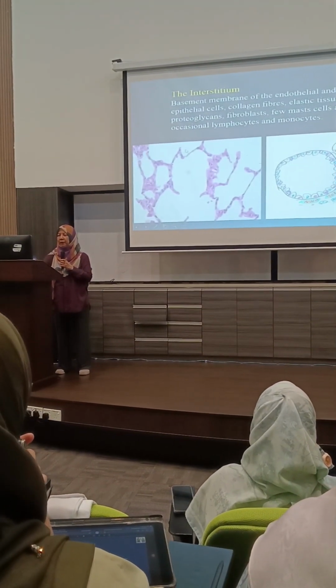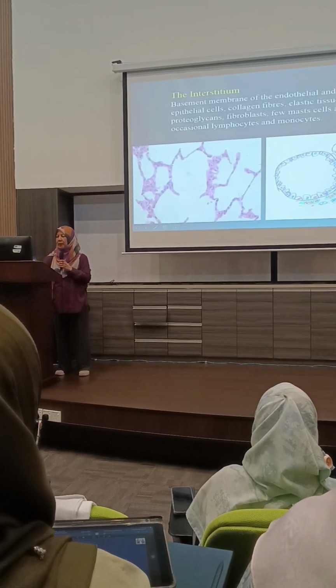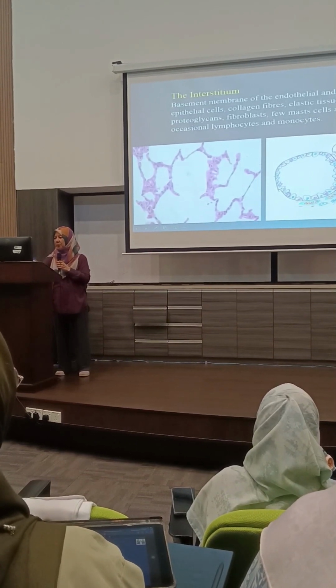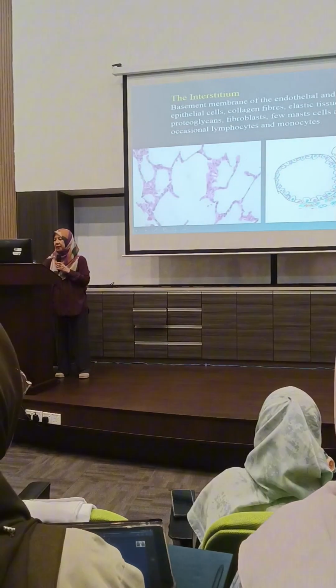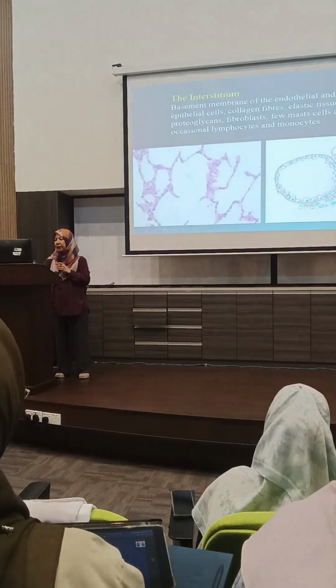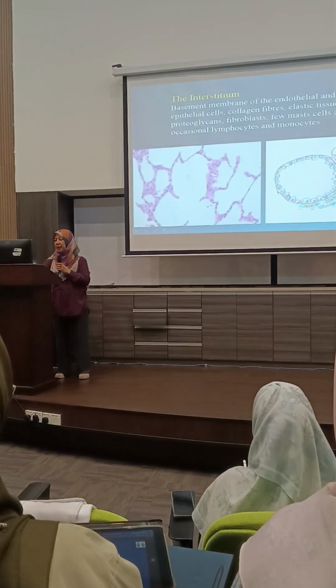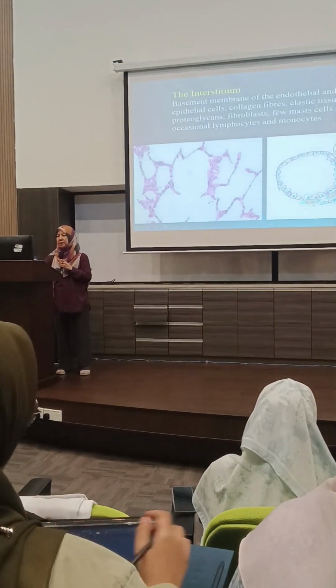These alveoli are very, very thin. But look at them. This is my drawing. You can't find it in any textbooks. If you look at this very thin alveolar wall, you find that there are numerous capillaries.